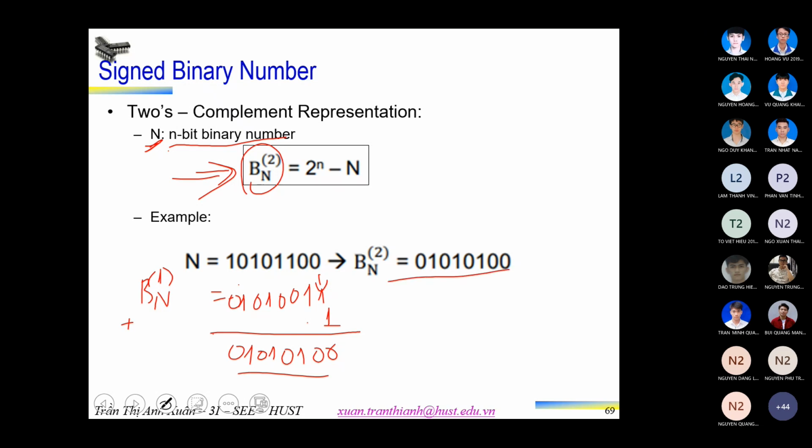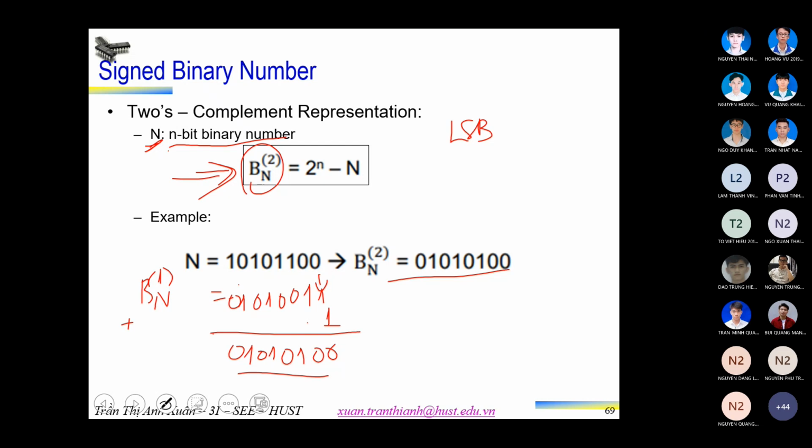Okay, so that is the first method. For the second method, you can use the rule from the LSB. From the LSB, we keep all the bits until the first bit equal to 1, and then the other bits we reverse.